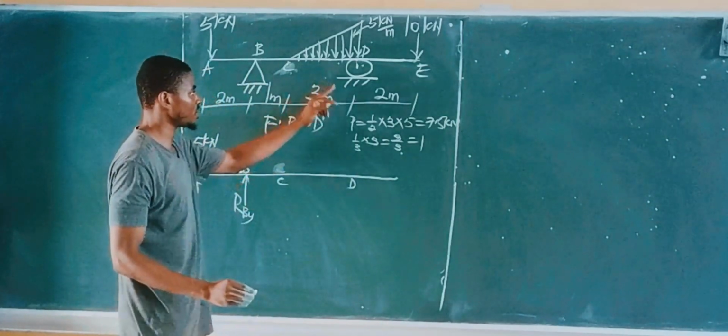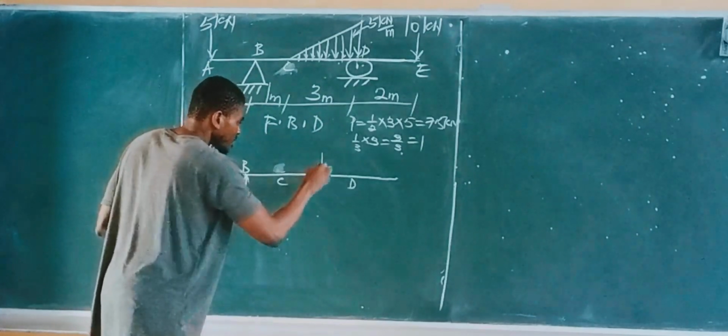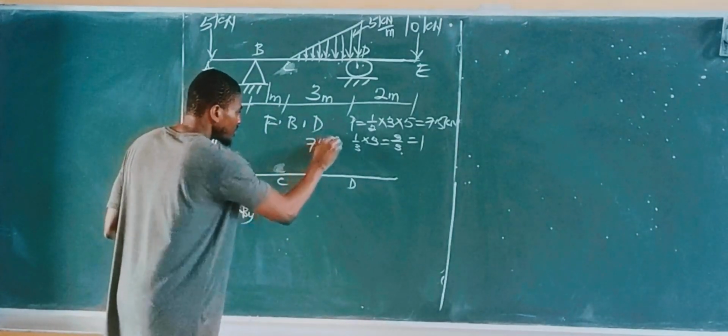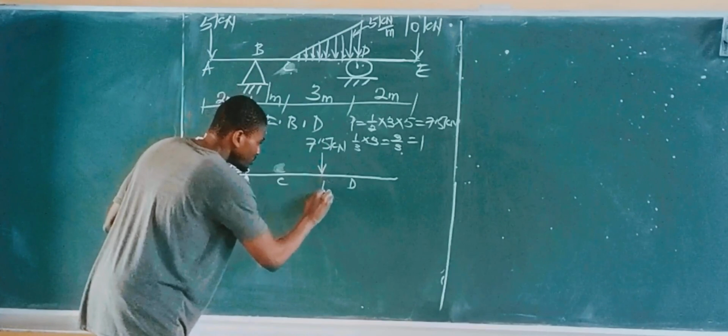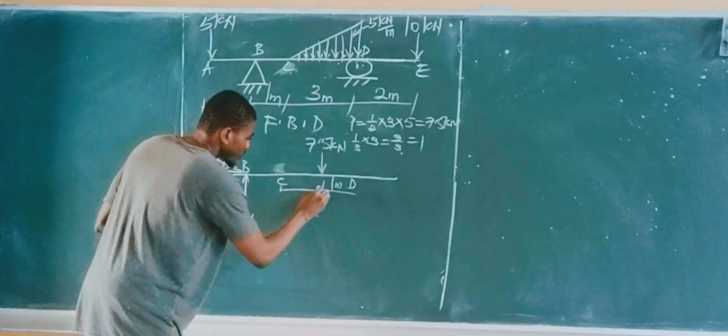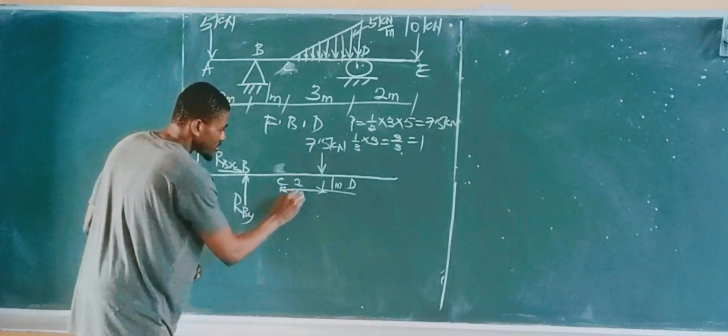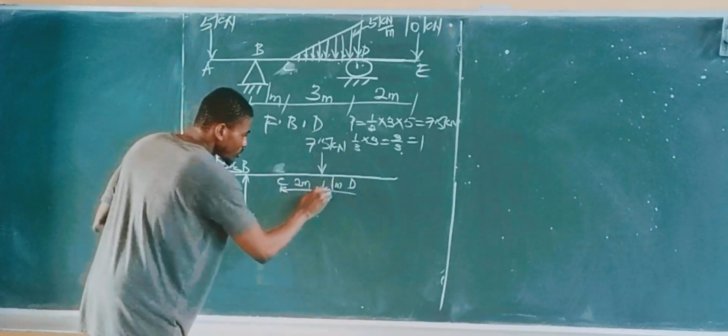The total length is 3 meters, so the point load of 7.5 kilonewtons sits 1 meter from the base, and the remaining length is 2 meters.